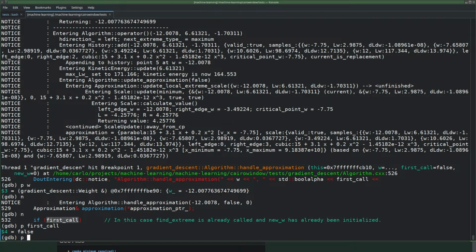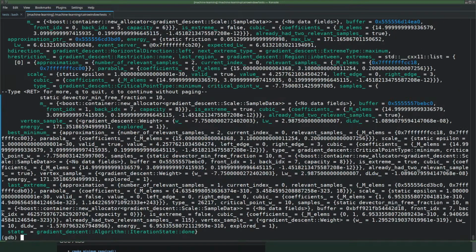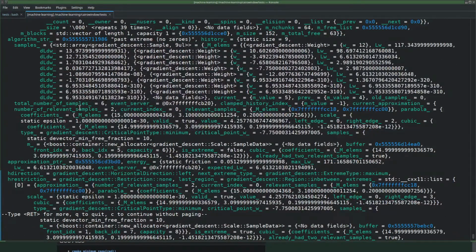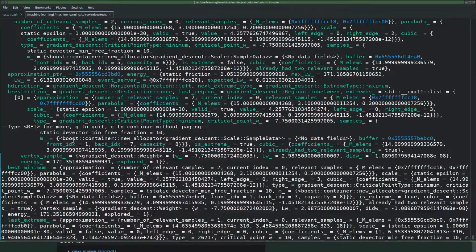So we already have an approximation. This thing is big. Cubic is already initialized.